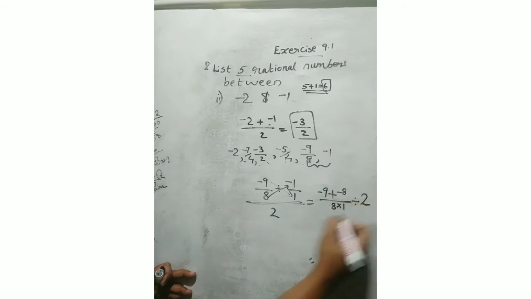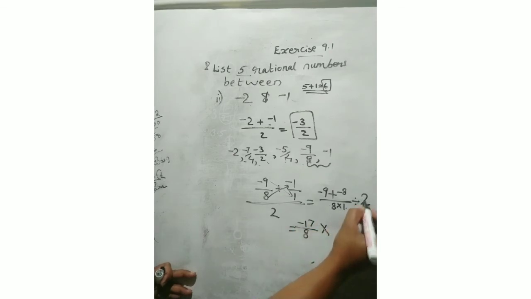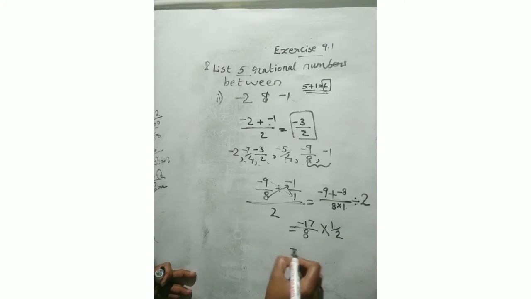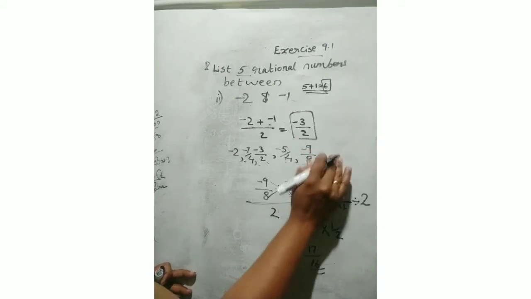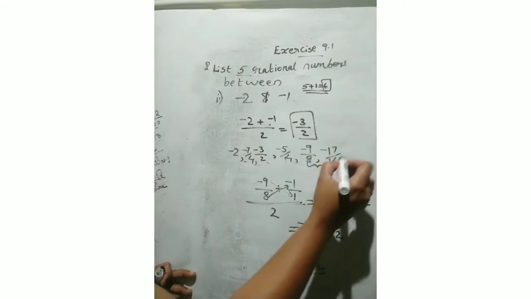Okay. Then negative 9 plus negative 8, negative 17 divided by 8 times 1, 8 multiplied by reciprocal of 2, 1 on 2. So negative 17 on 16 is the another number. Negative 17 on 16, then negative 1.